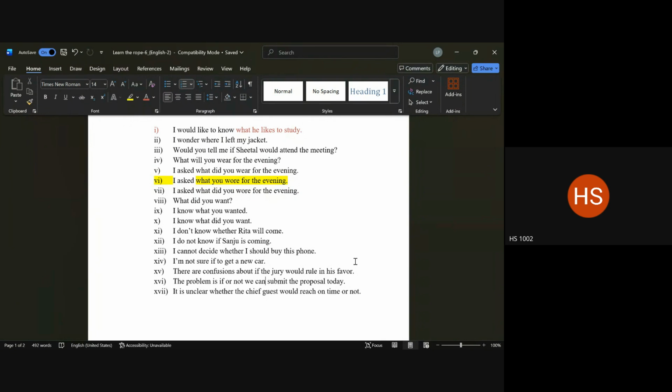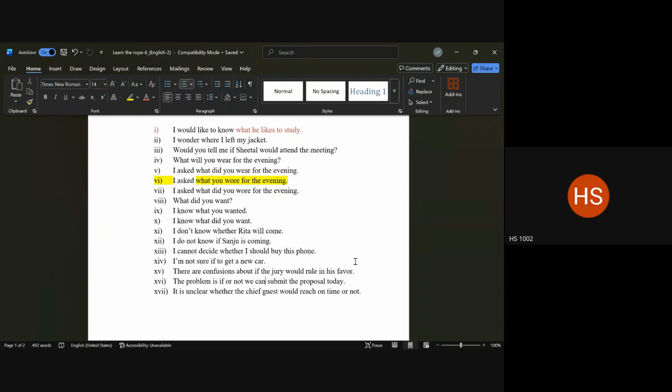So, what is the natural choice in this case? What will you use, if or whether? Whether, right? You'll use whether. I am not sure whether to get a new car. You're not introducing a condition. You're only making a choice between two, right?